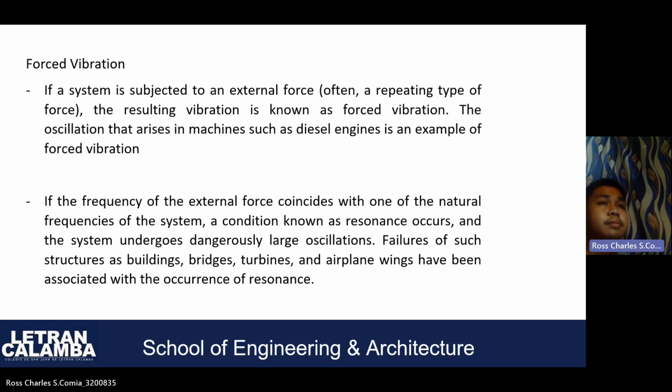So forced vibration is when a time-varying disturbance is applied to a mechanical system. The disturbance can be a periodic and steady-state input, a transient input, or a random input. The periodic input can be a harmonic or non-harmonic disturbance.